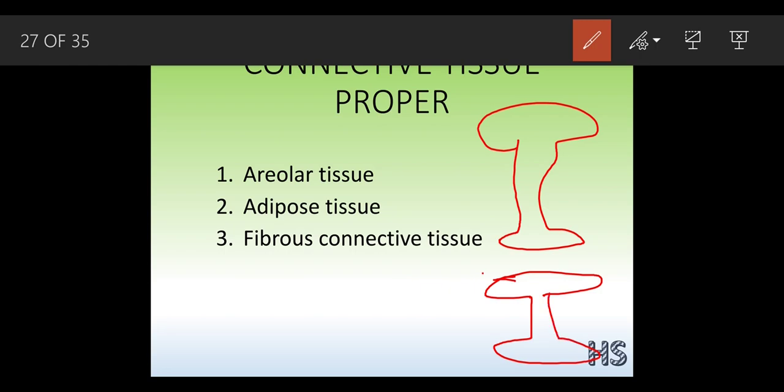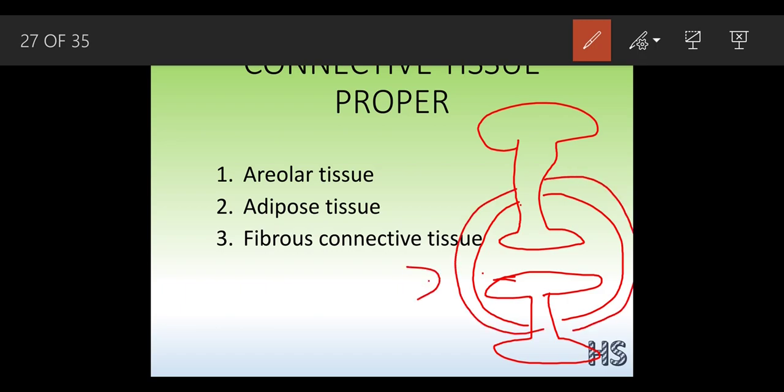These two bones are connected to each other, so they are connected by the ligaments. The function of these ligaments is to hold them in position whenever you walk.